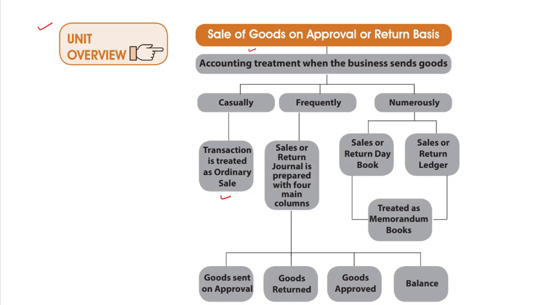But if the business sends goods frequently, then a sale or return journal is prepared with 4 main columns: goods sent on approval, goods returned, goods approved, and at last the balance column.